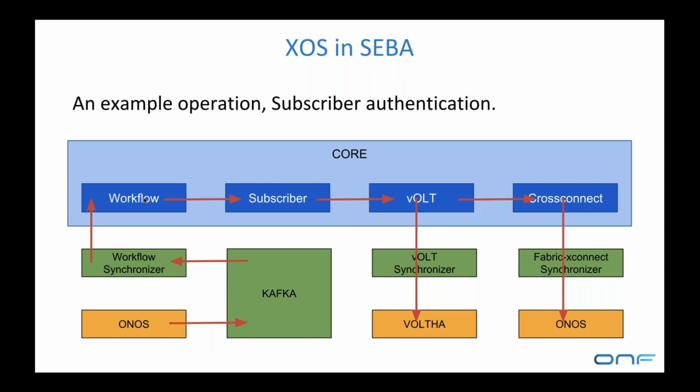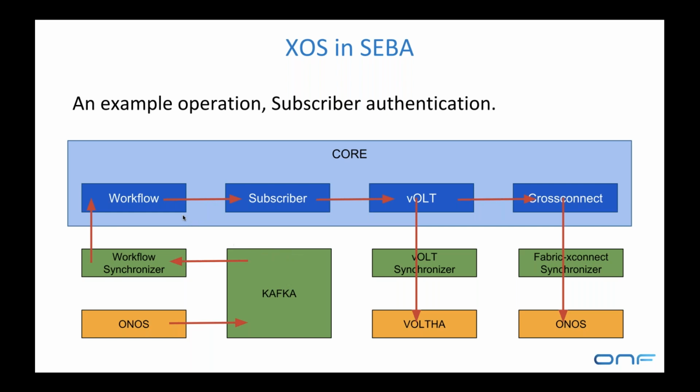Internally in XOS, we have this concept of service chain, which describes how the models depend on each other. And this is a part of the SEBA service chain. We have the workflow model that provides information to the subscriber. So every time something changes in the workflow, the subscriber model is modified too, and so on through the chain.